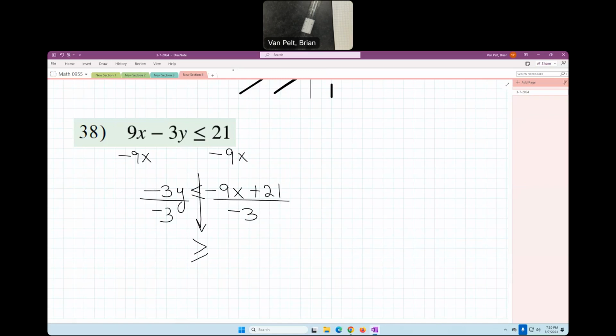This is really the only difference, at least when you're working, where it's going to mess with the inequality. Every other time it's fine. So if you multiply or divide by a negative number, the inequality switches.